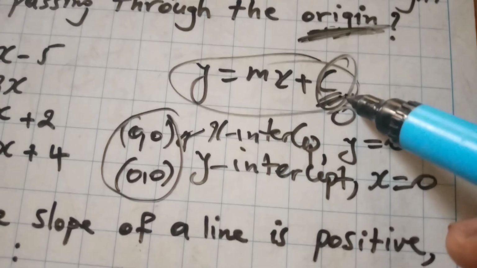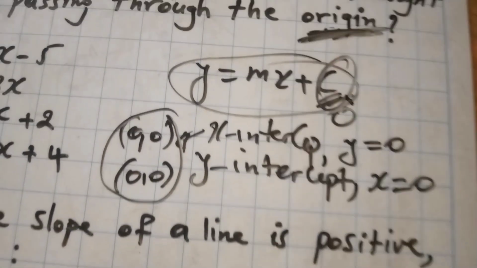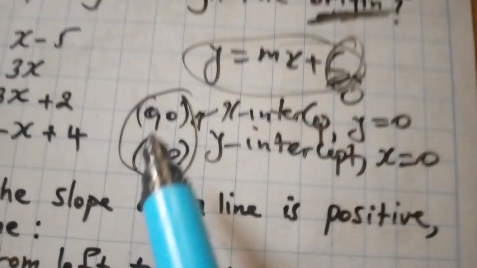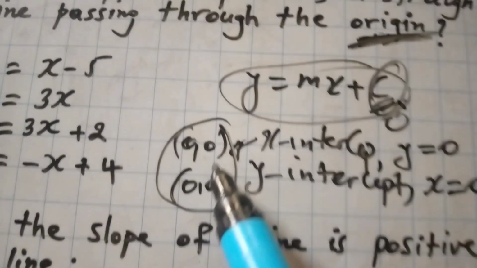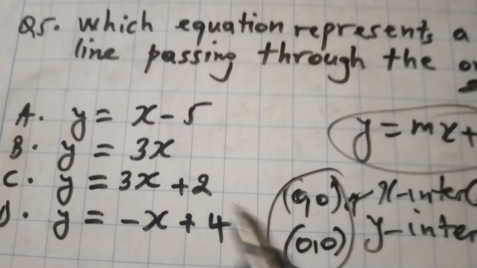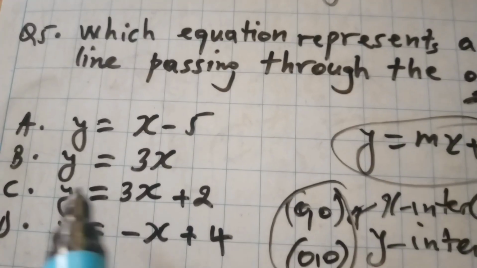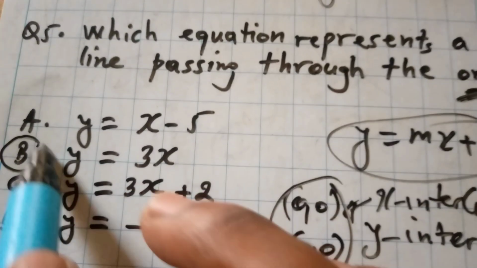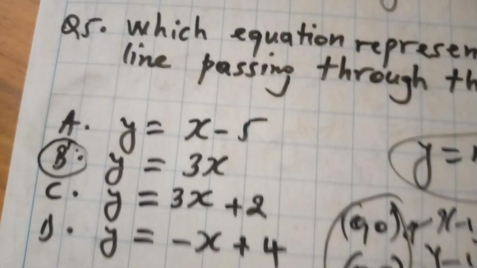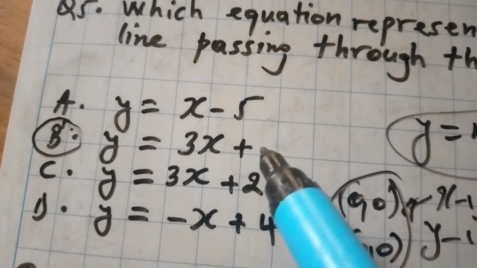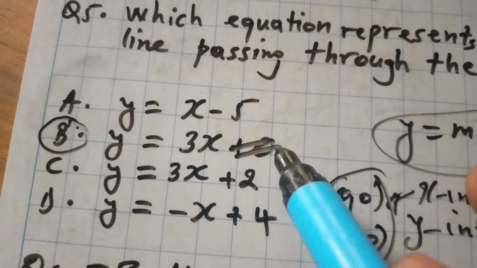When c is 0, we will have the equation which is passing through the origin. So the best choice here is number B, because this one has plus 0 here, right?